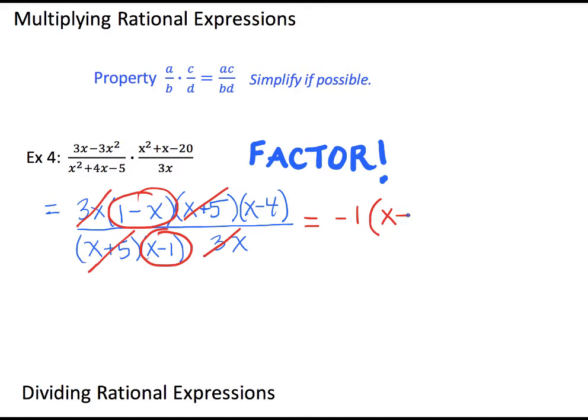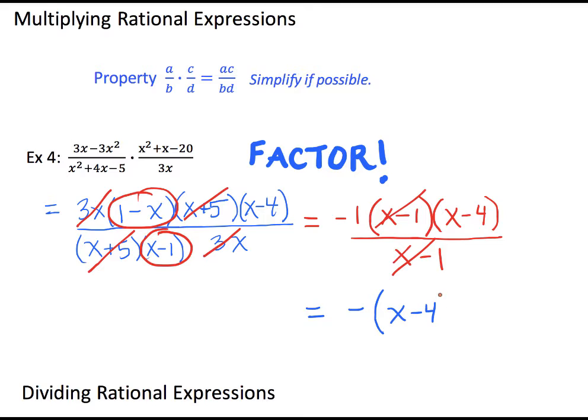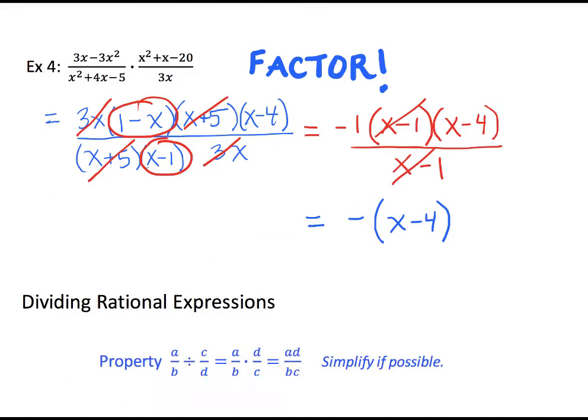If we flip all the signs, it's now going to be x minus 1, and it will match the denominator quantity of x minus 1. So from here, we can go ahead and cancel out x minus 1 divided by x minus 1. So our simplified answer here after multiplying is simply negative 1 times x minus 4. And of course you could distribute that negative if you wanted, and you would have negative x plus 4.